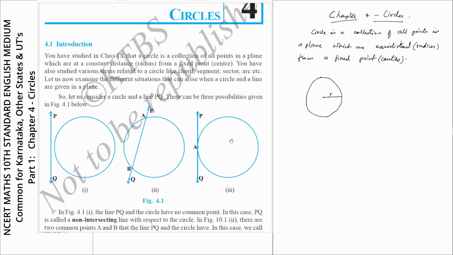No matter where this line touches the circumference, all are equidistant, all are r only. So that defines a circle. A circle is the collection of all points in a plane which are equidistant from a fixed point, and the length of the outer portion is called the circumference.